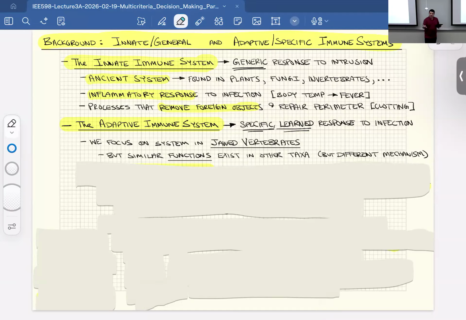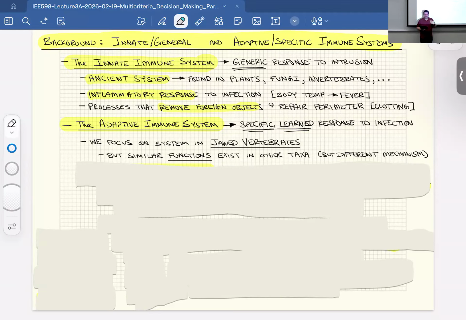But it had to learn that this thing that entered your body looked kind of weird, but wasn't weird enough to trigger too much of an alarm initially, and actually should have triggered an alarm. In the future, it will trigger an alarm earlier and prevent it from growing and spreading. So that's the idea of the specific immune system.